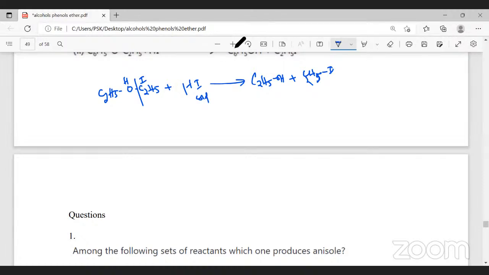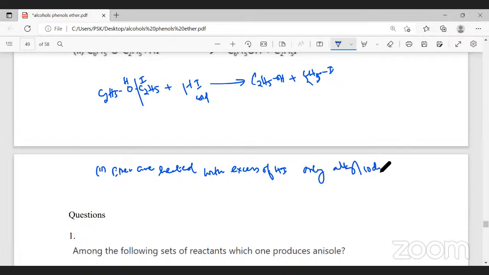When ethers are heated with excess of hydrogen iodide, an important question, only alkyl iodides are formed. Only alkyl iodides are formed. Meaning, we'll take an example.